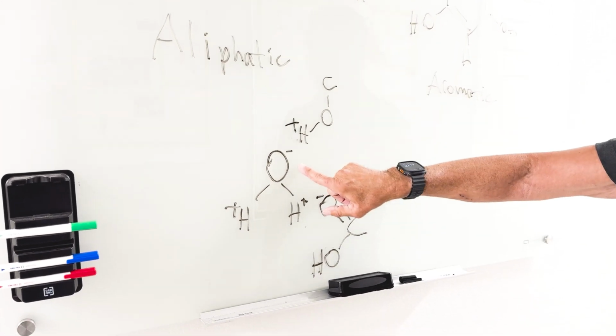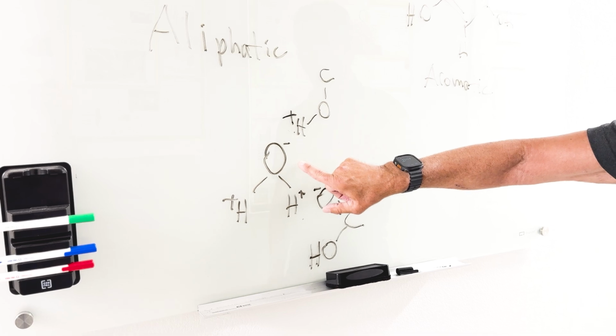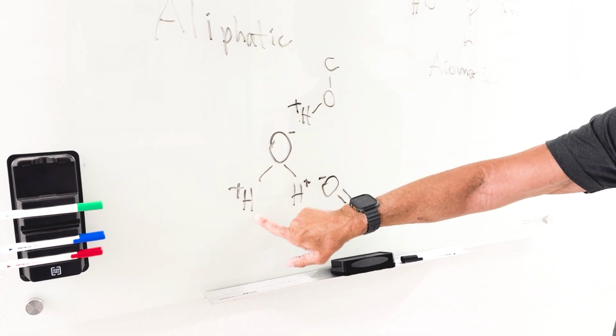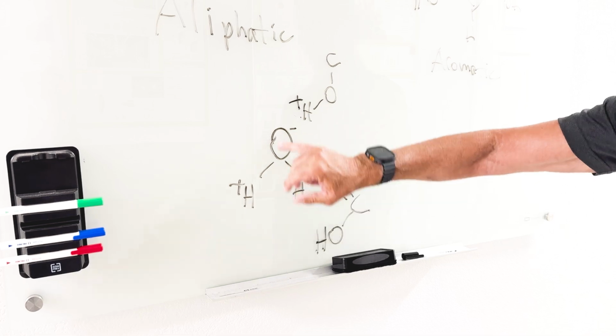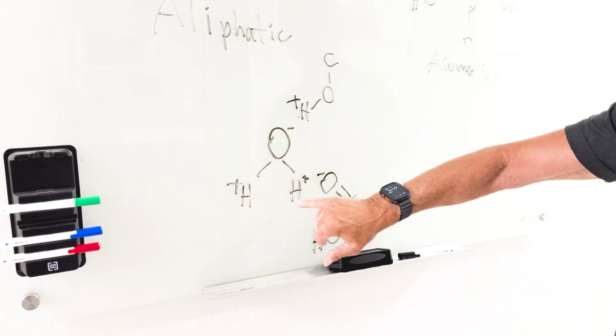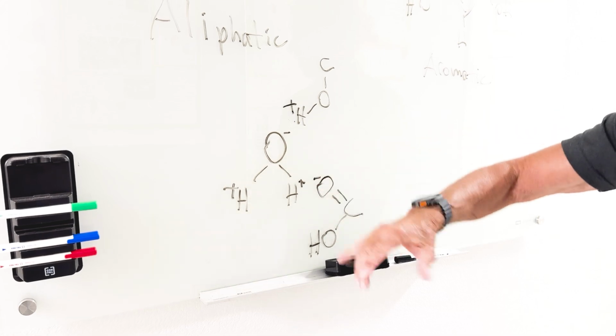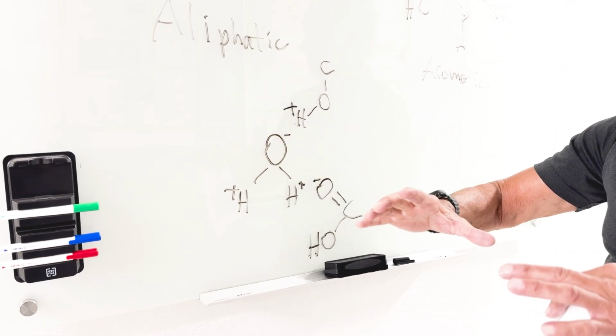Water actually has charges on it. Oxygen has a negative charge, and the hydrogens have a slight positive charge. And so when you just have water by itself, these hydrogens can bind to the oxygen, and that's what gives water its surface tension.